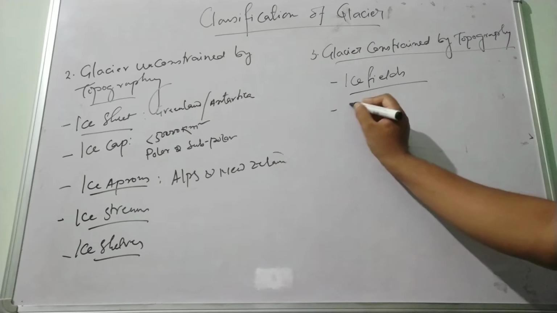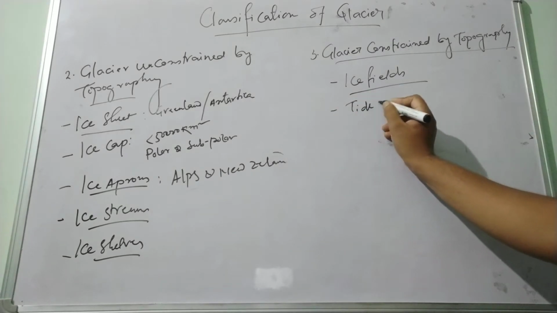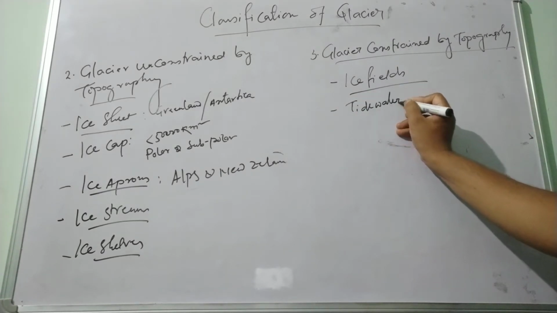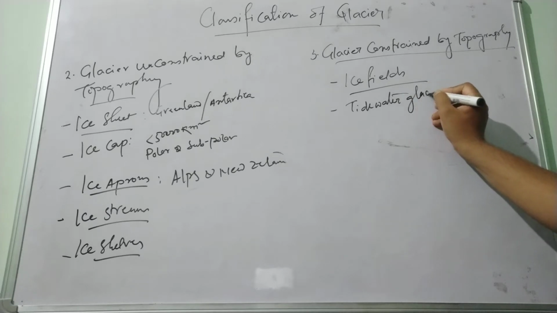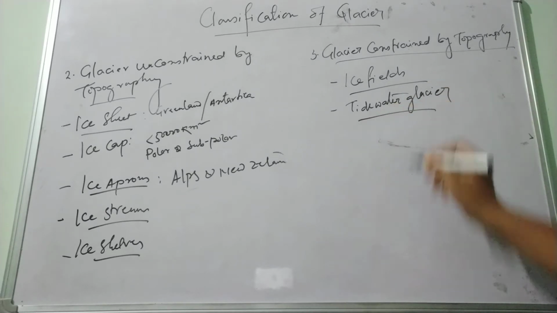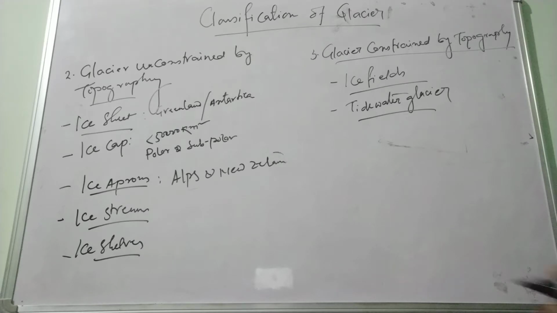Tidewater glacier. These tidewater glaciers are responsible for calving numerous small ice parks, which, although not as imposing as Antarctic ice parks, can still pose problems for shipping lanes.